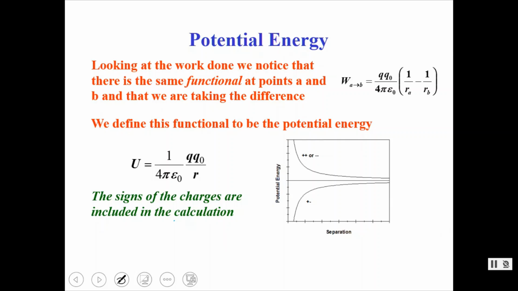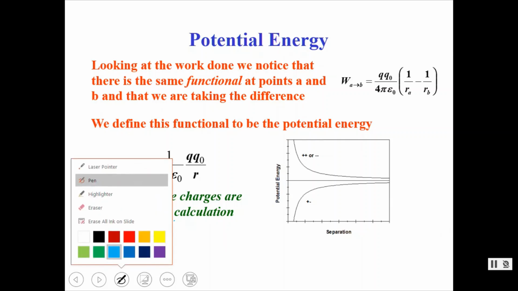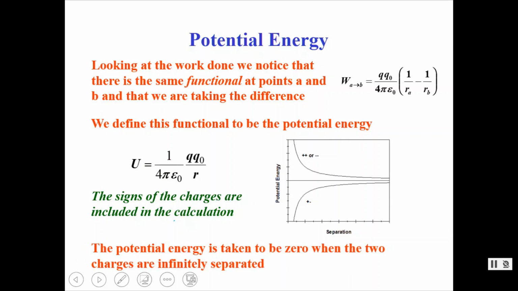So the potential energy of your particle is going to depend on what the signs are. It is just a plain inverse relationship if the charges are the same kind, and it's going to be a negative, the mirror of that, if your charges are of opposite sign.